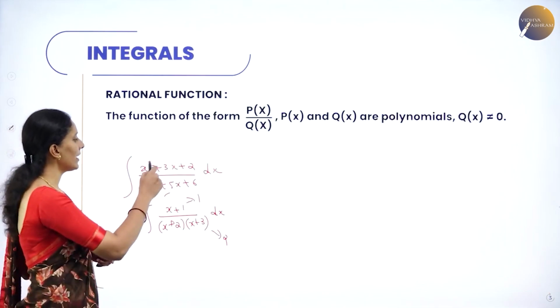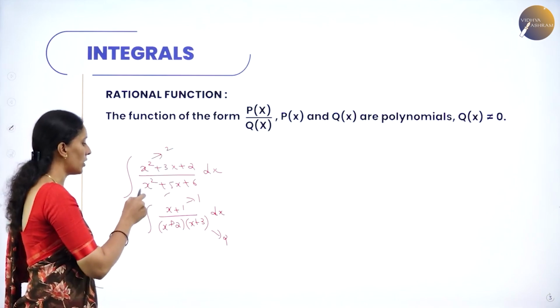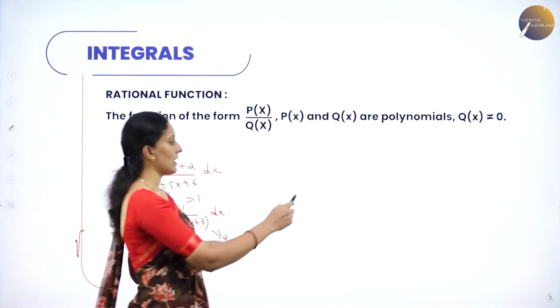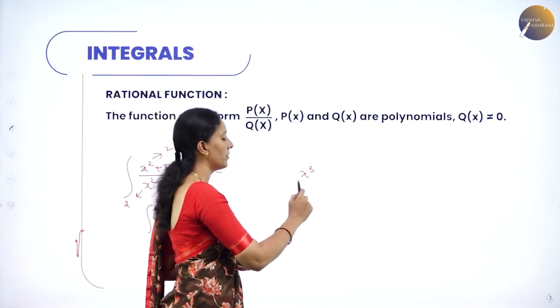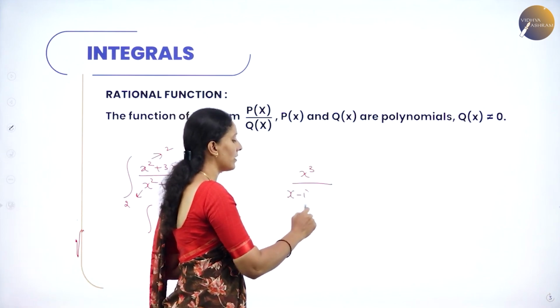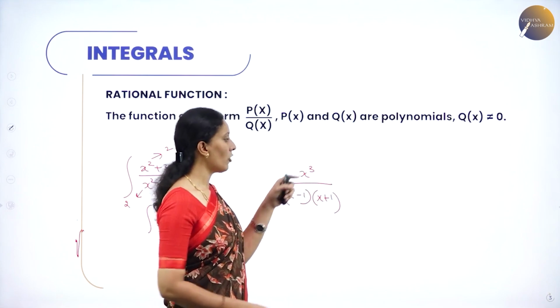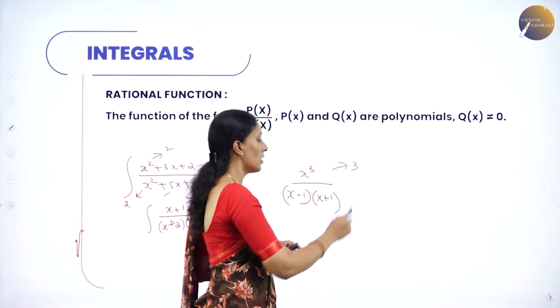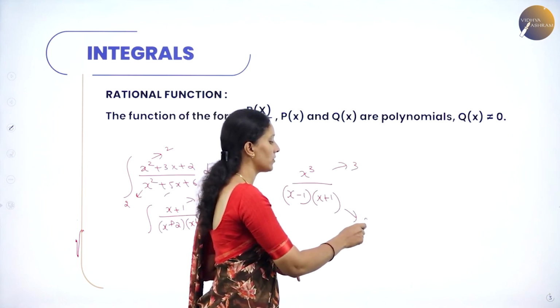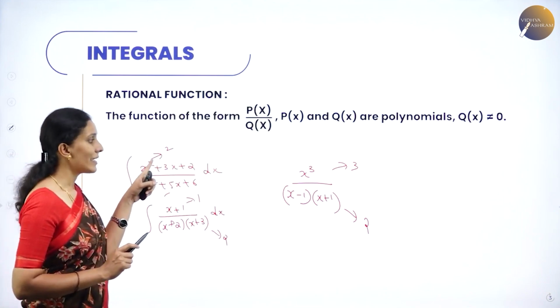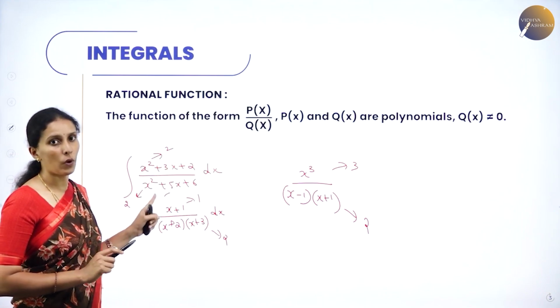Similarly, what is the degree of this polynomial? It is 2. What is the degree of this polynomial? It is 2. So I can take one more example. For example, x cube divided by x minus 1, x plus 1. Here in this case, what is the degree of the numerator? It is 3. What is the degree of the denominator? It is 2. So whenever the degree of the numerator is greater than or equal to the denominator.